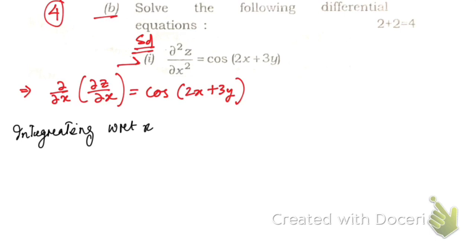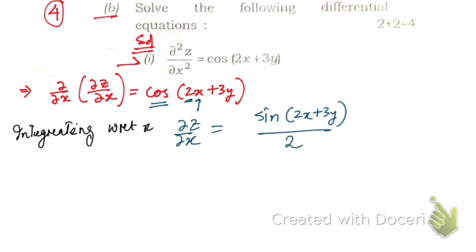Then you will get del z by del x, and integration of cos of x, we know sin x. So sin, instead of x we have twice x plus thrice y, then divided by the coefficient of x here. This, right? We know that.